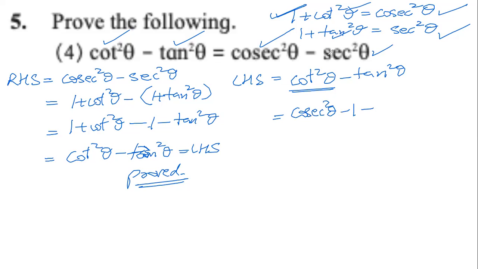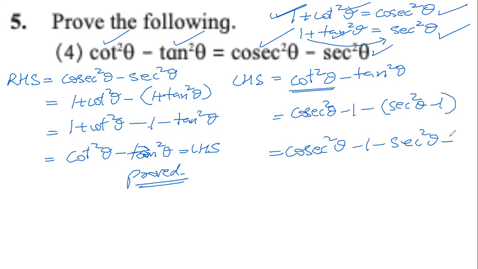In place of tan square theta, I have to think that it is sec square theta minus 1. So now this becomes cosec square theta minus 1 minus sec square theta plus 1. So minus 1 plus 1 becomes 0. We are left with cosec square theta minus sec square theta. Proved.